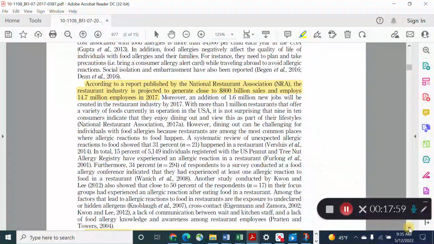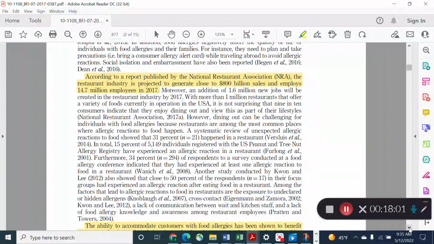Next sentence, according to a report published by the restaurant industry projected to generate. So now we're moving from information about food allergies to looking at what's going on just in the food service industry. So according to a report published by the food industry is projected to generate billions of dollars, numbers of employees.